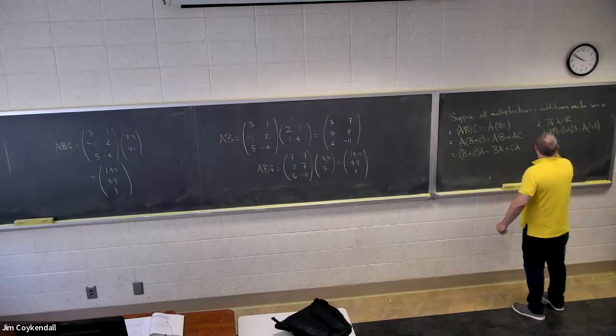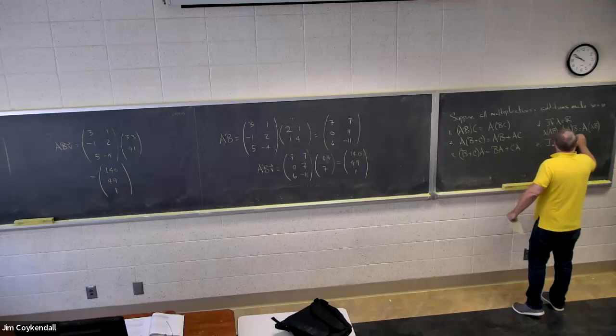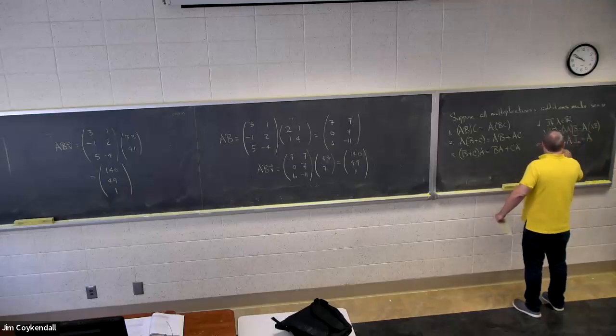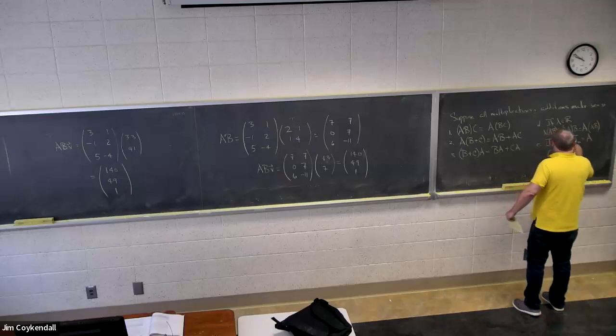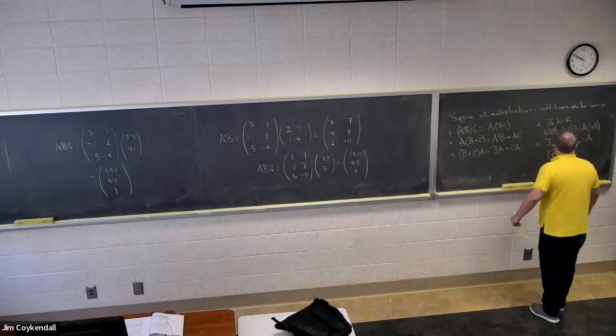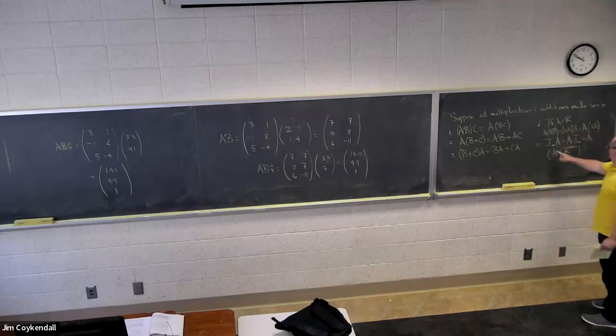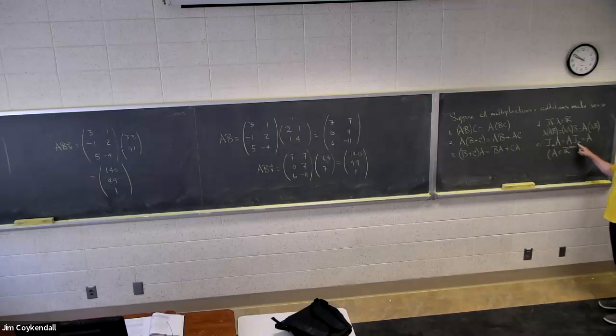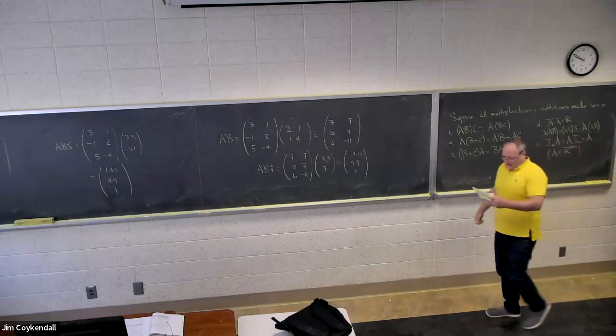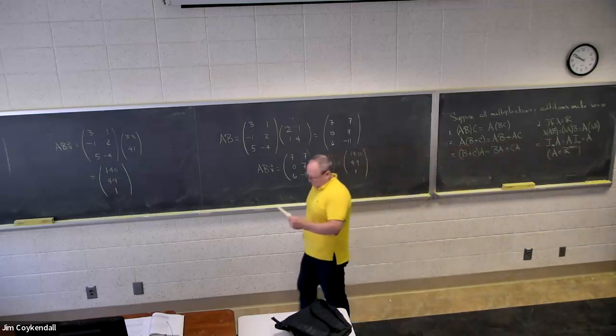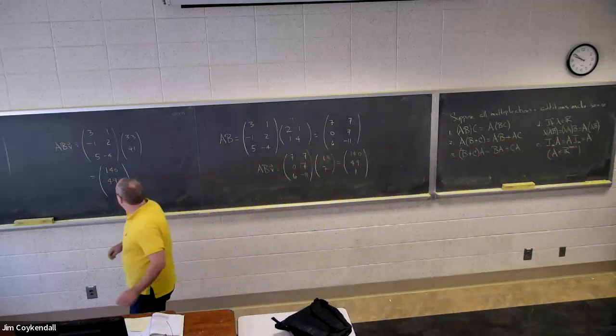And E, here I'm assuming that A is in R n by n. So what this means is if you multiply A by the n by n identity matrix on the left or the n by n identity on the right, you get A back.